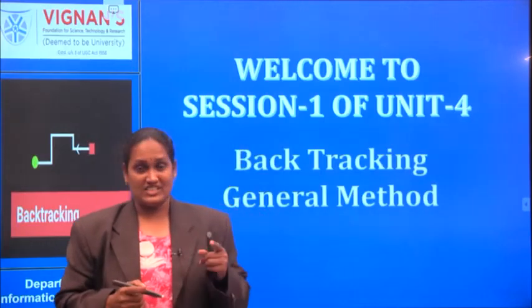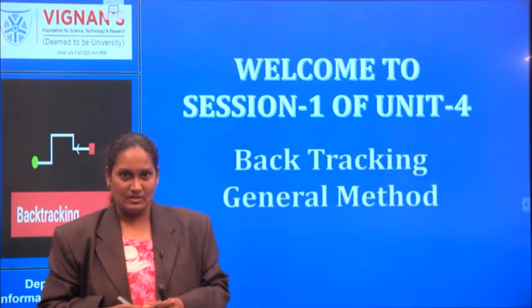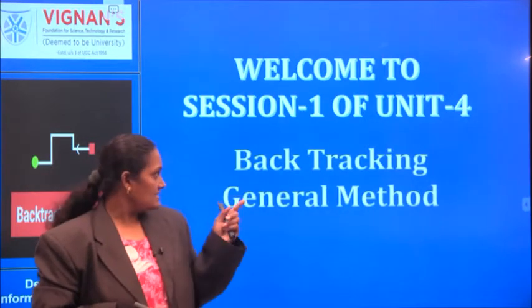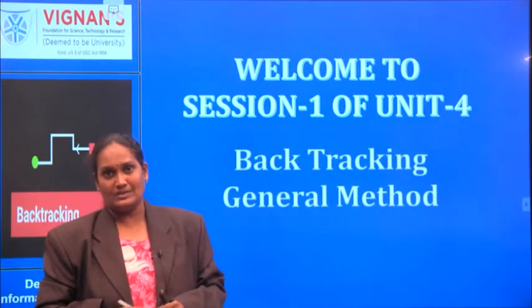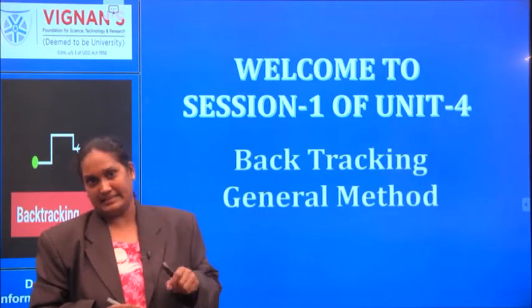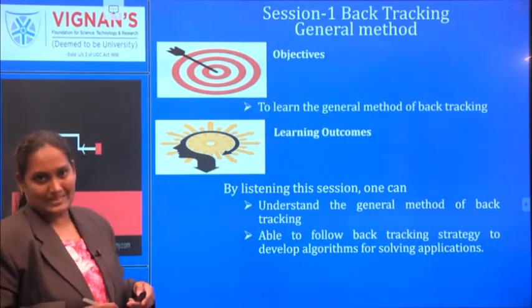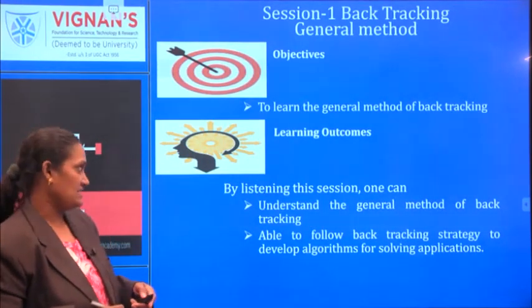Welcome to session 1 of Unit 4 in learning the course Design and Analysis of Algorithms. In this session, we are going to learn about the general method of backtracking algorithm design technique. The main objective of this session is to learn the general method of backtracking.